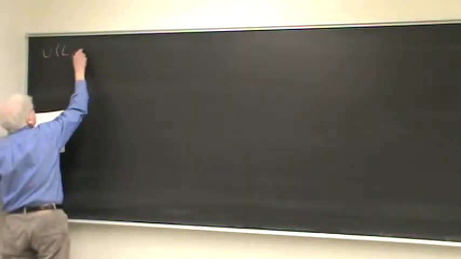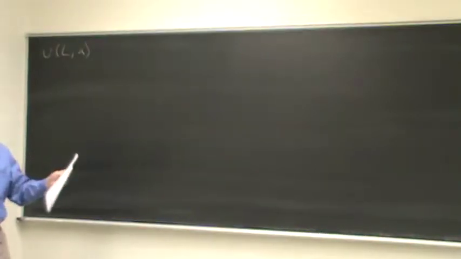Let me just mention what Weinberg's approach is. He wants U of L, A. This is a unitary transformation that implements a Poincare transformation, which in this case is a Lorentz transformation followed by a translation.